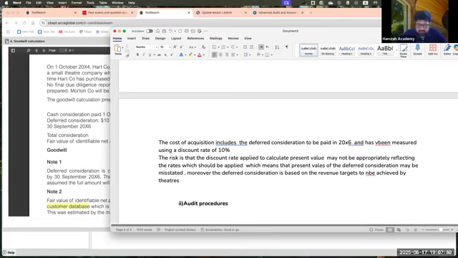Its achievability is subject to uncertainty and estimations, which may also be incorrect.